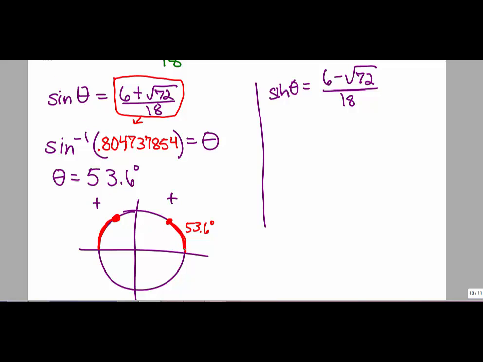And we want to know, if we started here and went all the way to this point, what would this angle be? So we're going to have to do 180 degrees minus that reference angle, 53.6 degrees. So to find that quadrant 2 angle, we subtract from 180. So 180 minus that reference angle, we get 126.4 degrees.